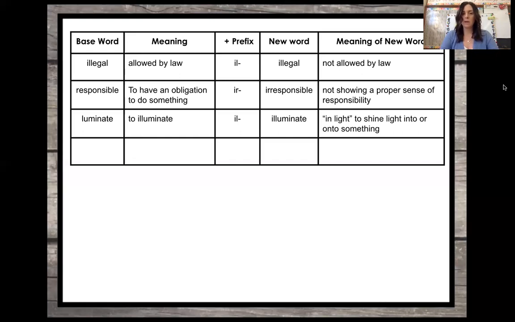So remember on the previous page, we said that sometimes these prefixes can mean into or onto. And then we have the word radiate. And when something is radiating, it's sending out rays or it's sending something out like your radiator, your heater. And if you add the prefix ir, the word becomes irradiate, and that is the action of sending out rays into something.